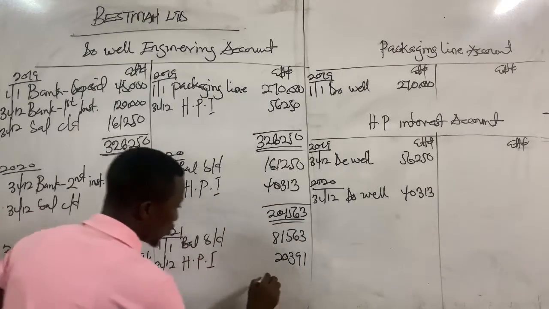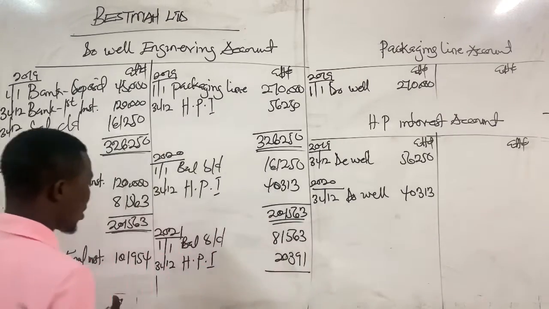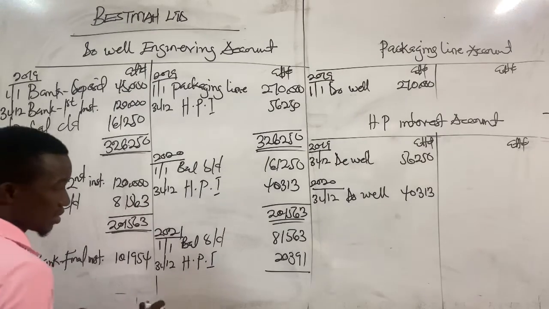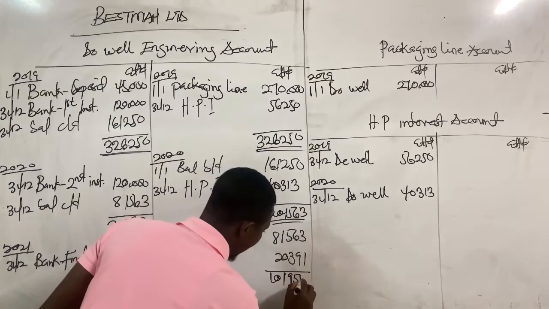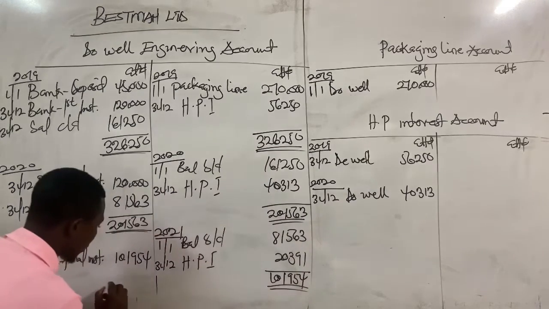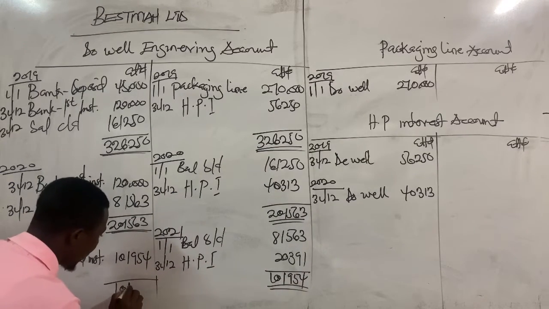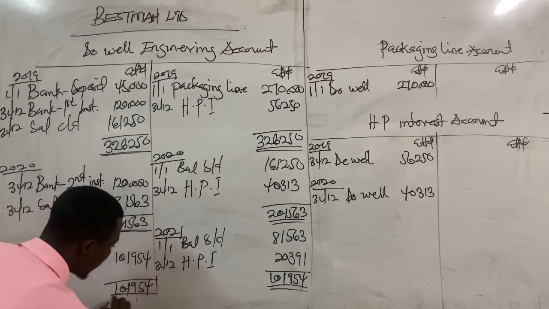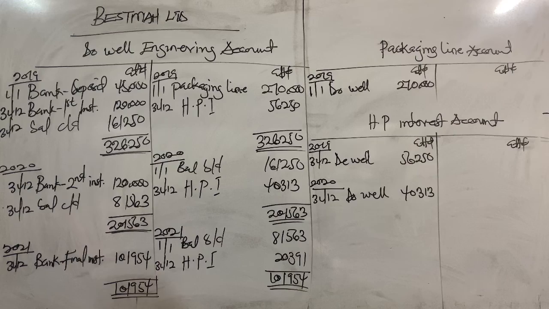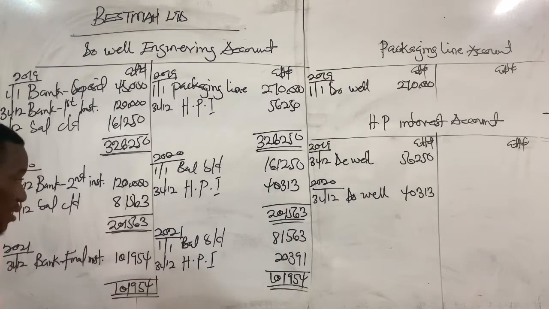So at the end of the period, there will be no balance, okay? 101,954 being the closing balance.